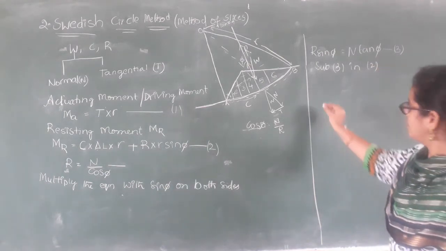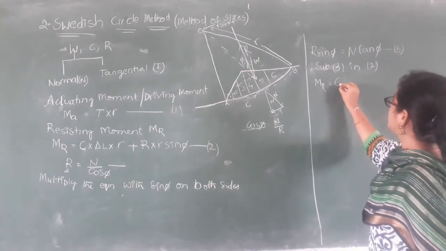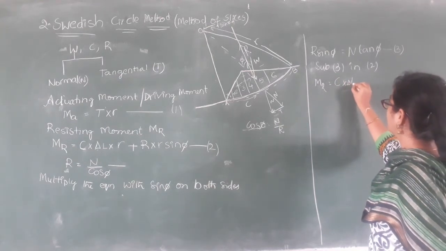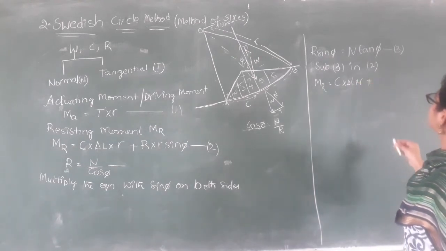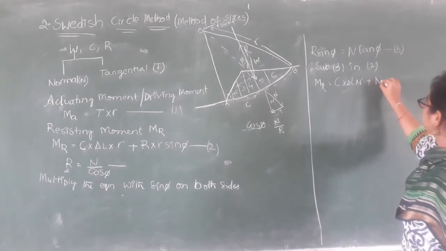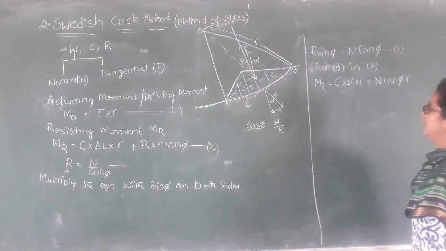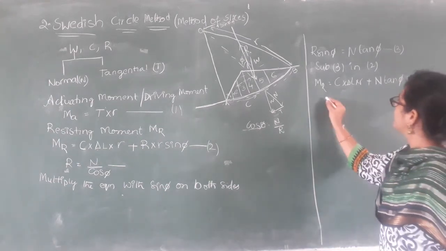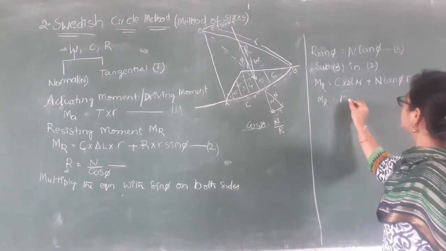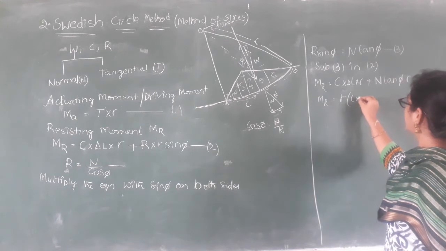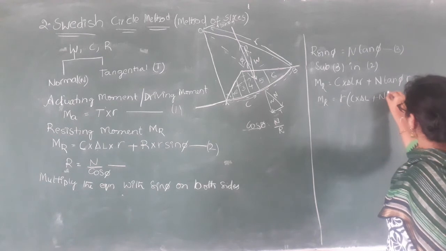So now the MR will be equal to what? C into delta L into R plus R sin phi is replaced with N tan phi, and we will write R as usual. So in this term, you can take R out in this equation. So you will be left with C into delta L plus N tan phi.